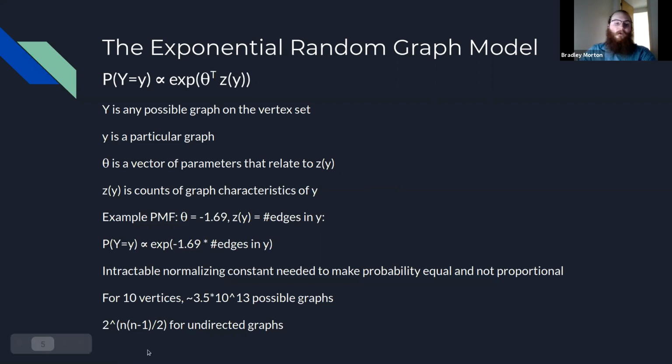And it scales with this expression, 2 to the n choose 2, for an undirected graph, and this scales incredibly, incredibly quickly. And before long, we're getting to the point where we send a computer back to the Big Bang and look at it now, and it's still running. And so as a result, methods are needed to get around the intractability of the normalizing constant.